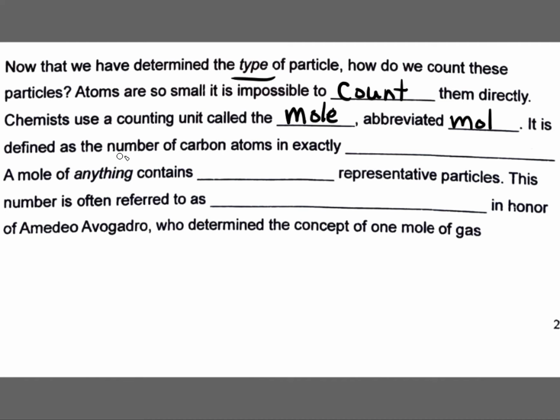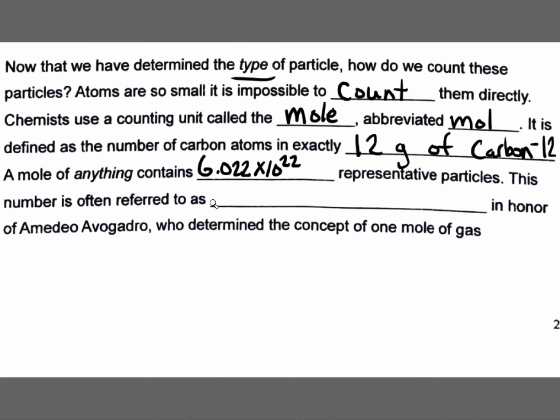It is defined as the number of carbon atoms in exactly 12 grams of carbon, the isotope carbon-12. So if you weighed out 12 grams of carbon-12, you'd have exactly 1 mole. And a mole of anything contains 6.022 times 10 to the 22nd power.